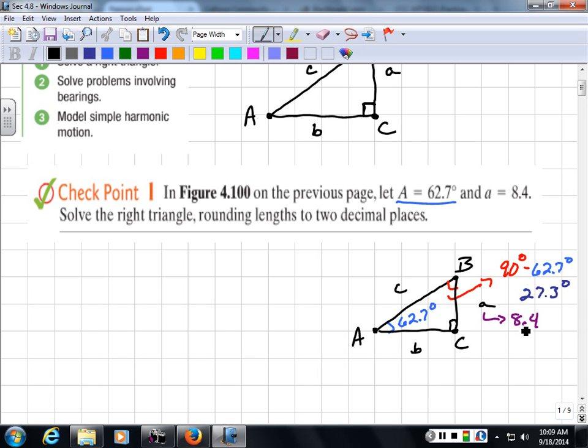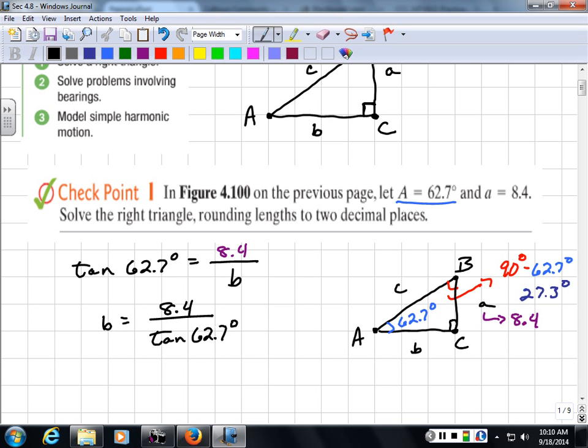Knowing that side a is 8.4, let's go ahead and find the tangent of 62.7 degrees, which is going to be equal to 8.4 divided by the adjacent side. Let's use the letters from the triangle, little b. That means little b is equal to 8.4 divided by the tangent of 62.7 degrees.